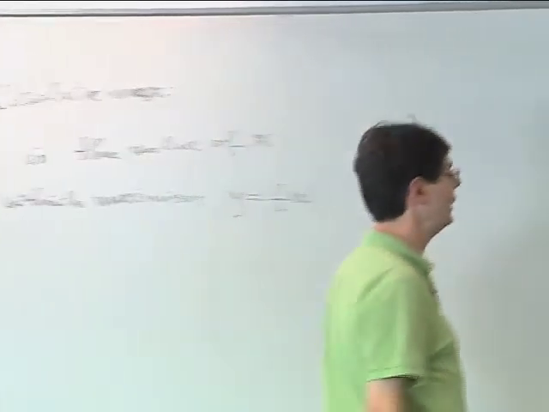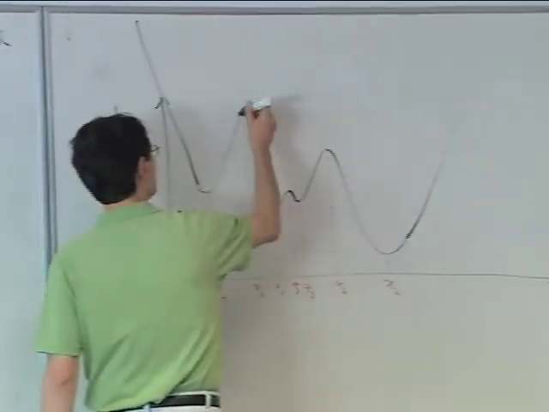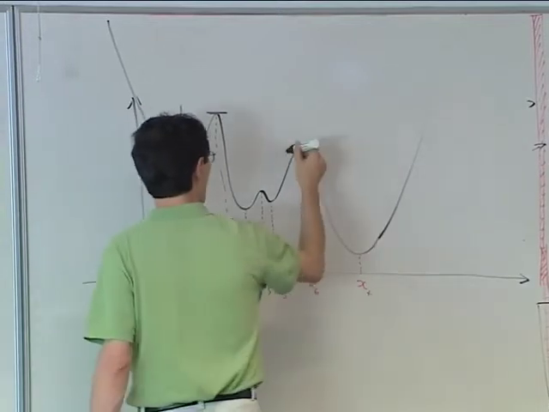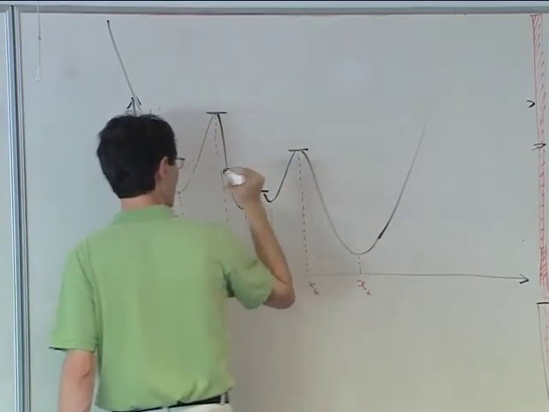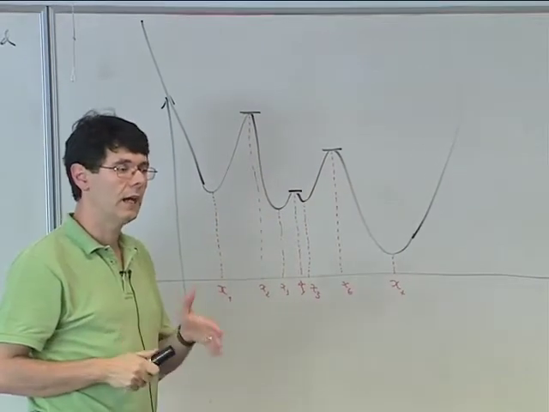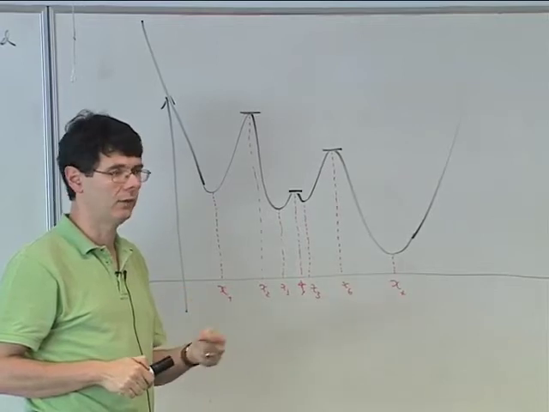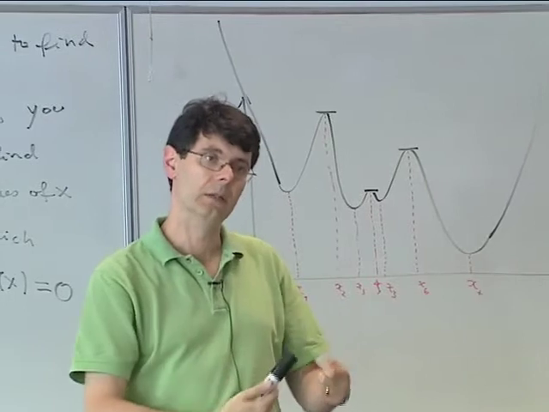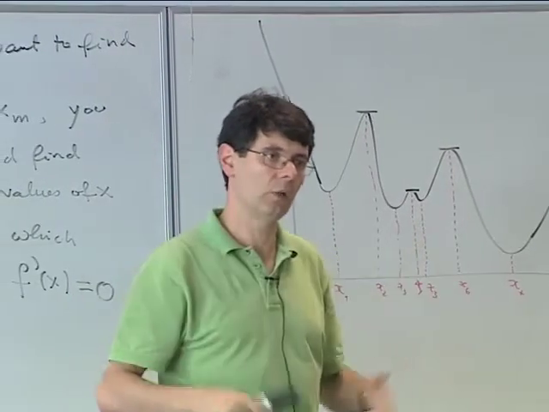So in this picture here, this is not an absolute max. This is not an absolute max, and this is not an absolute max. They are what we call a local max. In other words, they are the max, but just near them. Far away, there could be other.